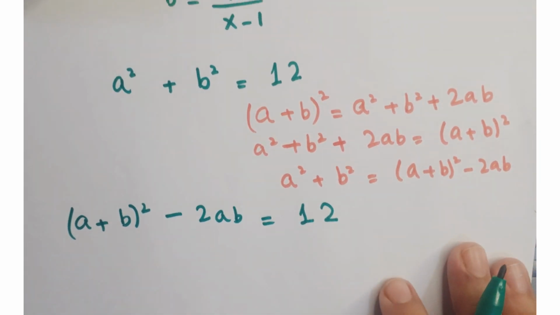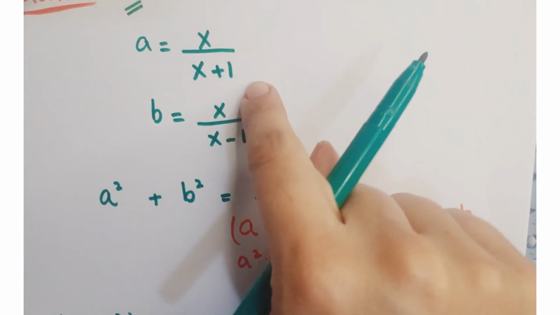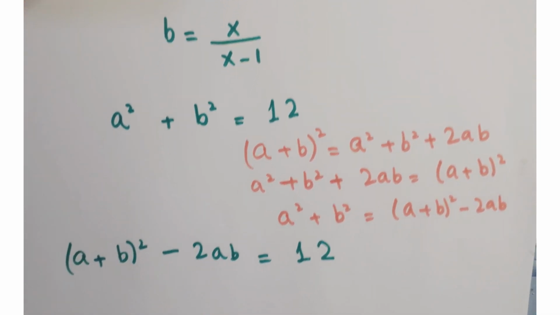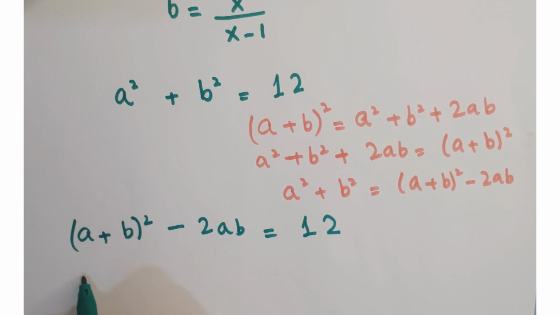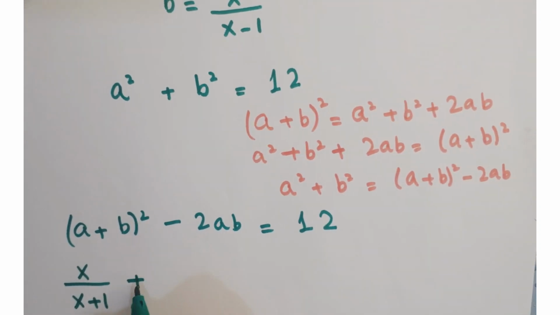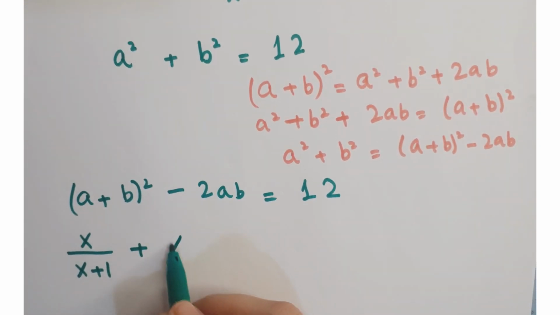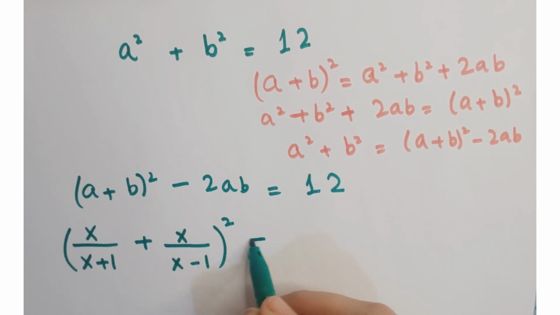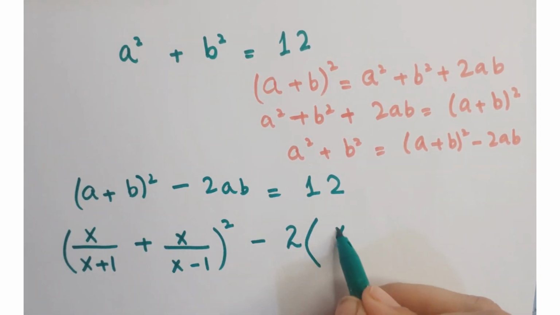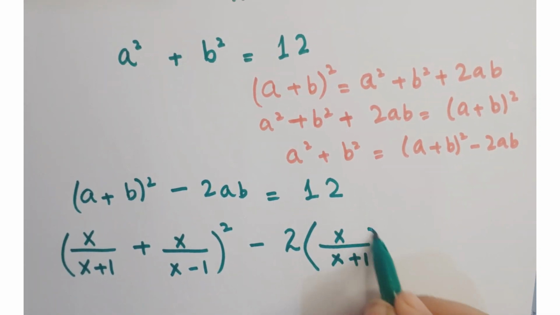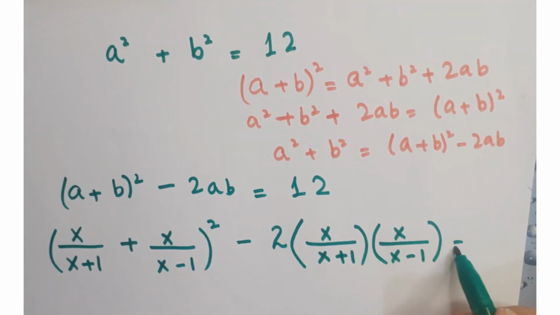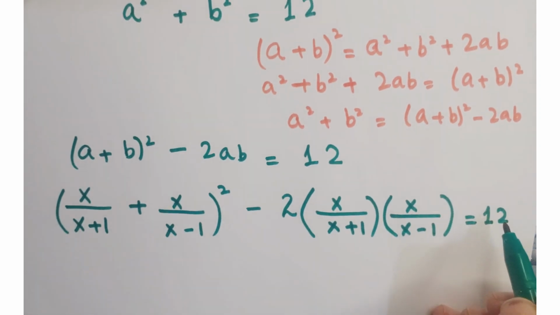Now as we assumed that a is x/(x+1) and b is x/(x-1), we'll put this in the equation. In place of a, it's (x/(x+1) + x/(x-1))² - 2 × x/(x+1) × x/(x-1) = 12.